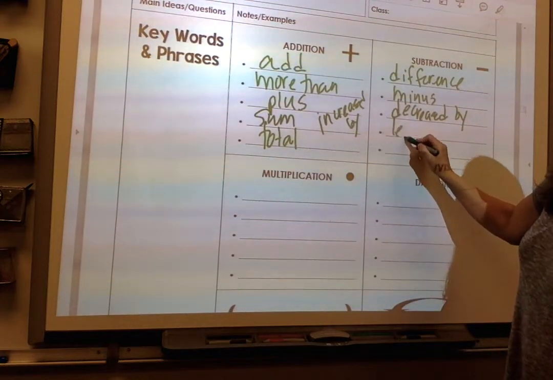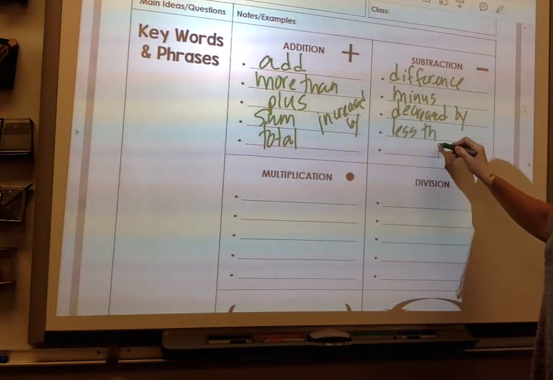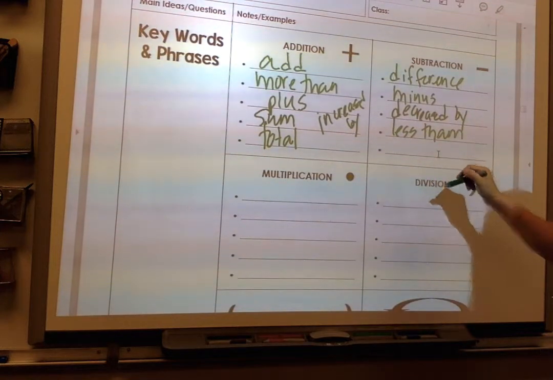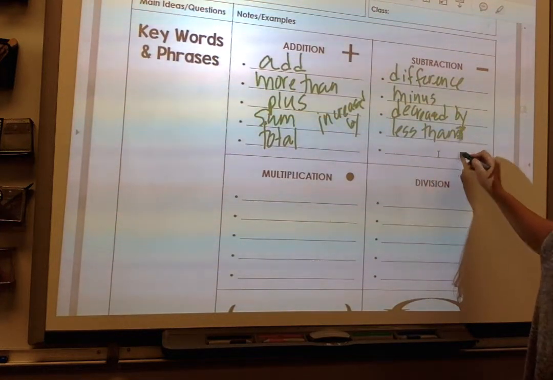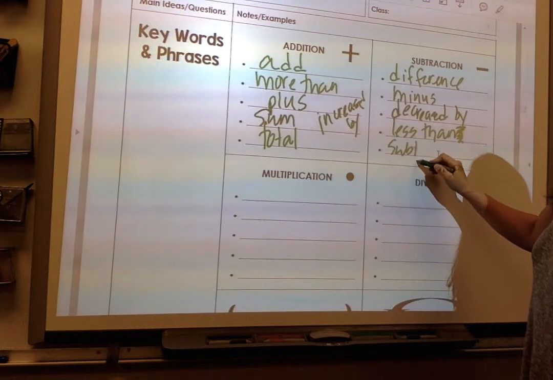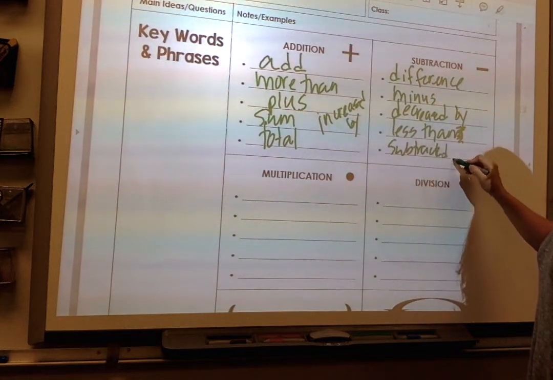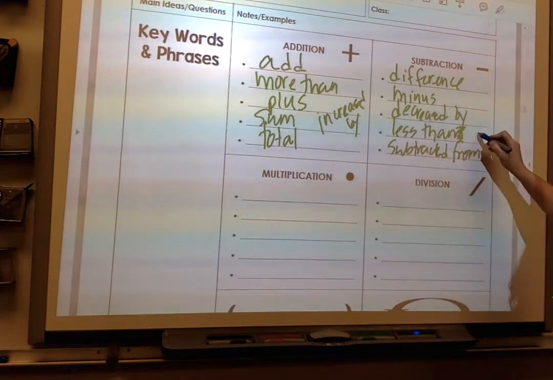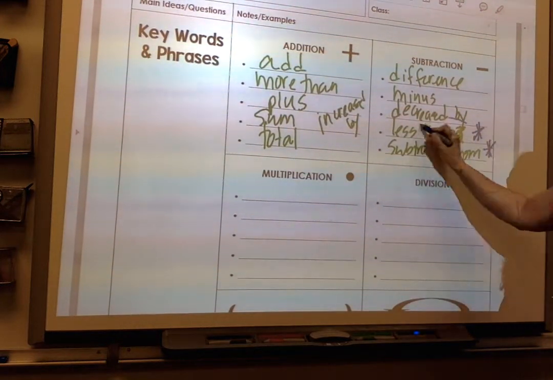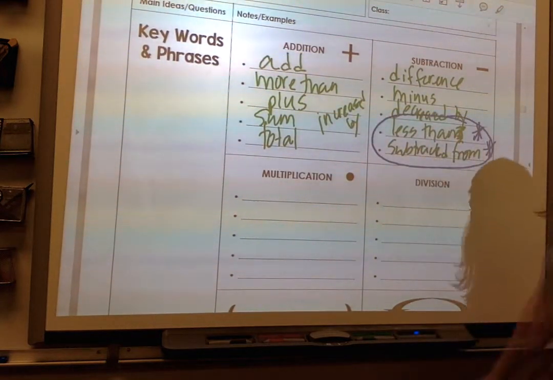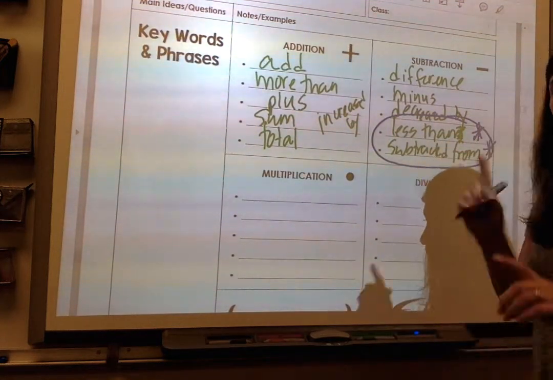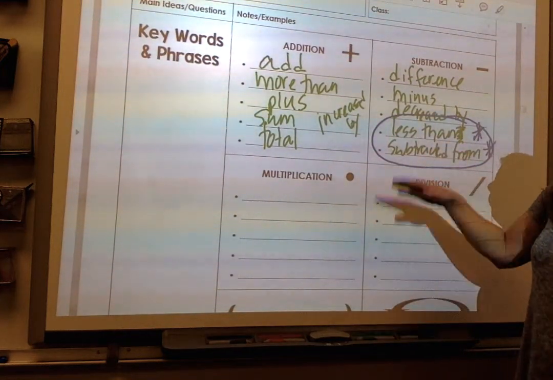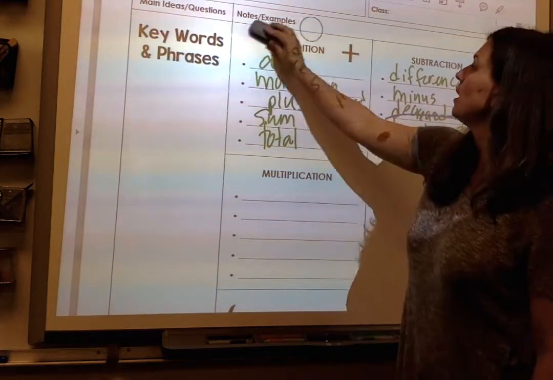We have less than, and we have subtracted from. Now, on subtracted from and less than, I want you to put a star around that and highlight those two because those are big key words. We're going to come back to that in a second. But those are your big words for addition and subtraction.